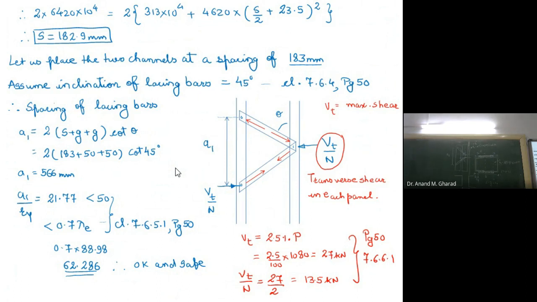Battens are not at all recommended. They are not recommended, but you will find battens provided everywhere, even in your canteen area, because they are very easy to place. Who will sit and look at the angle, 45 degree inclination? Just provide a straight pattern. Okay, chalo, you do it.